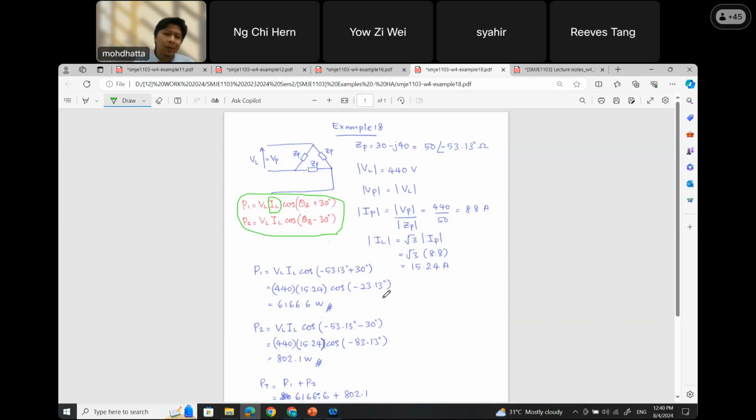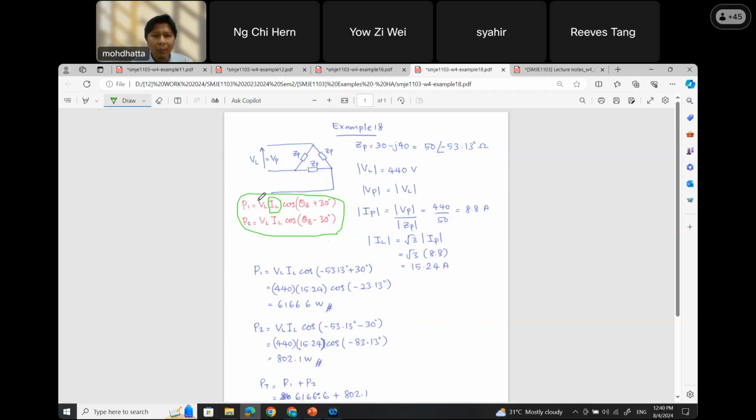If you are a first timer looking at this equation, maybe you might think that VLIL comes with its angle. But actually, in order to make this equation work, VLIL is just the magnitude. It's just the magnitude.